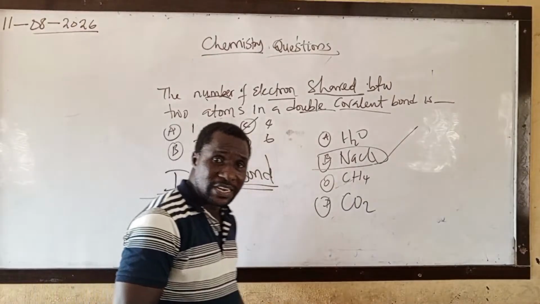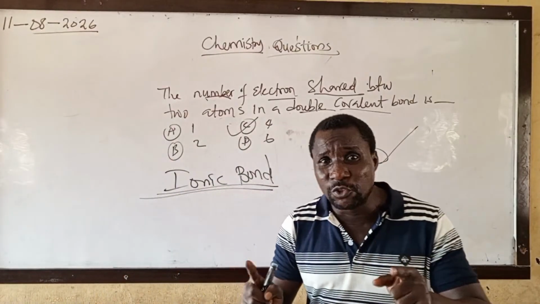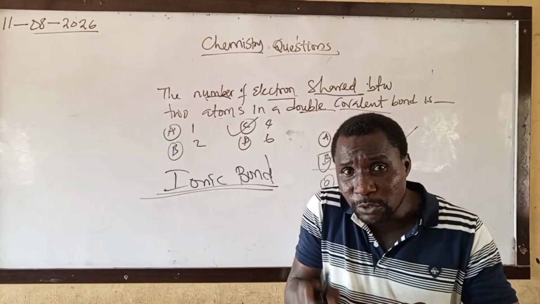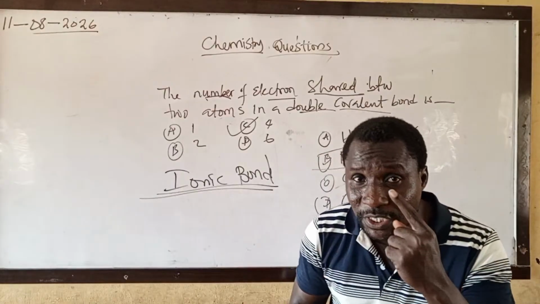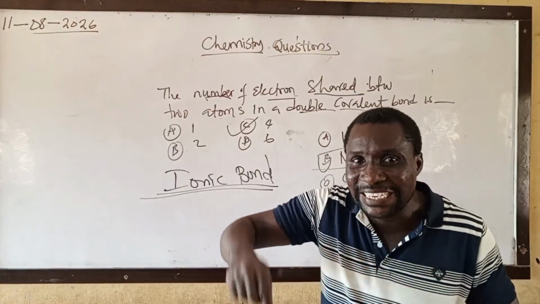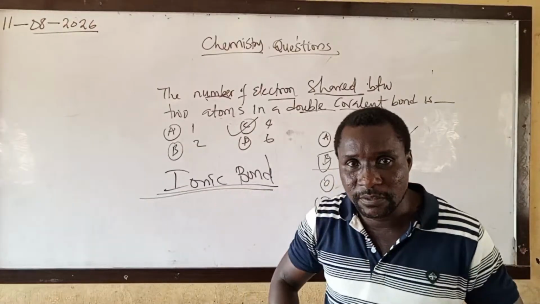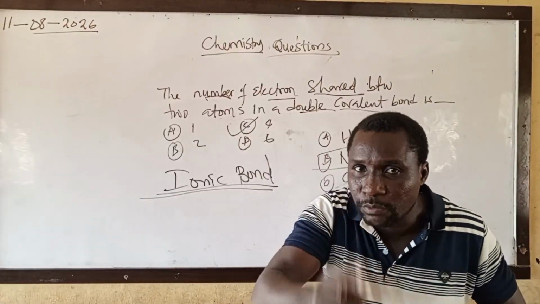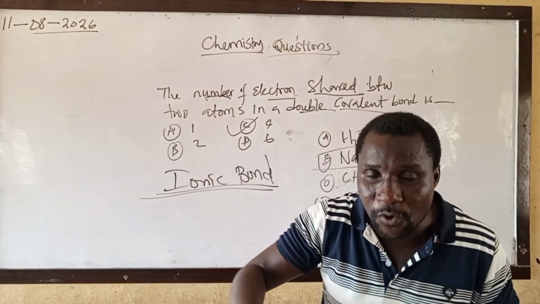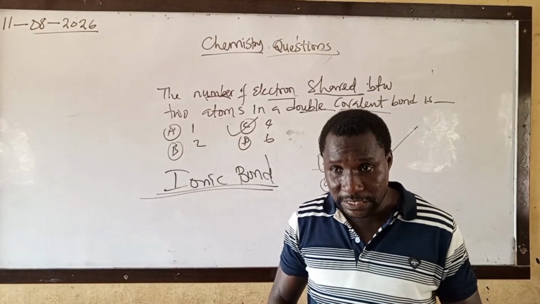Class, when you have an electronegativity difference between two atoms forming a bond that is greater than 1.8, those two atoms will exhibit an ionic bond. I will still teach you tomorrow.